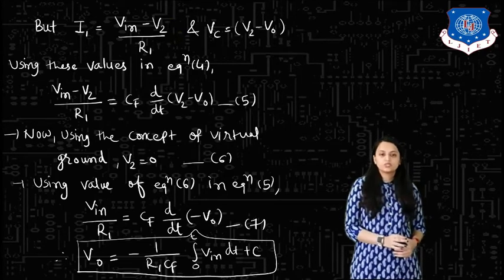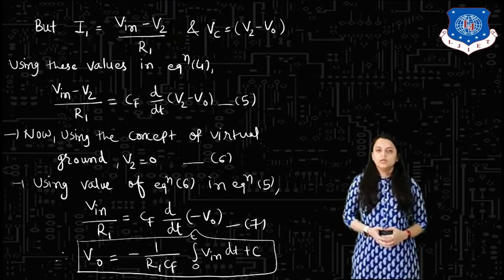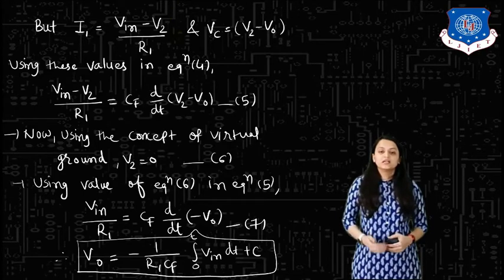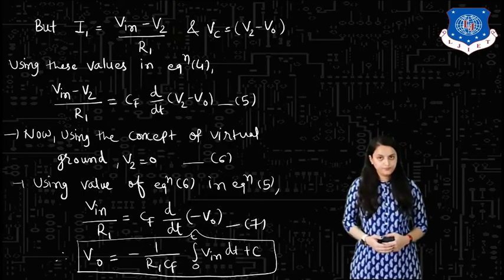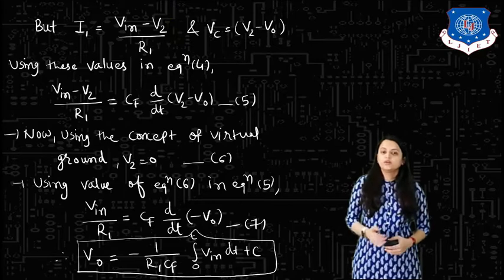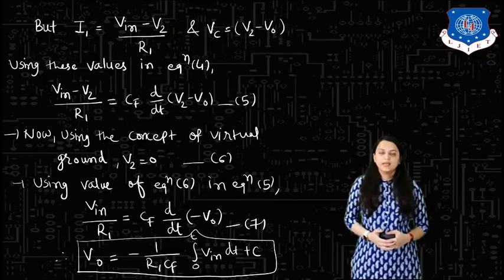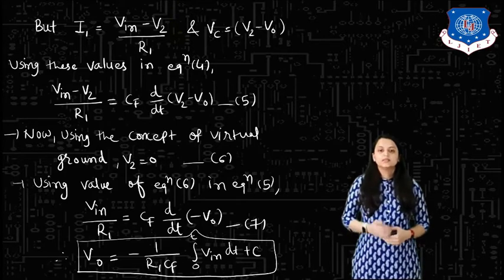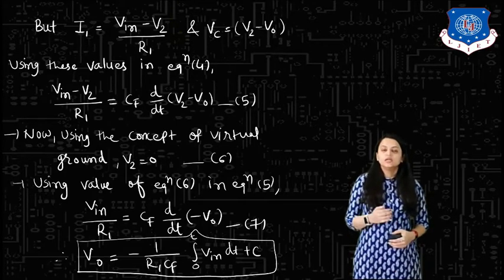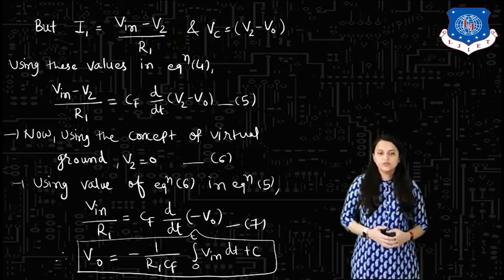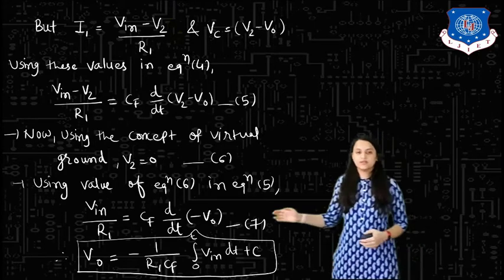Let us give this equation number 5. Now, using the concept of virtual ground, we have V2 equals 0. So, using this value, we will get Vin by R1 equals Cf d by dt of minus VO, which is equation number 7.